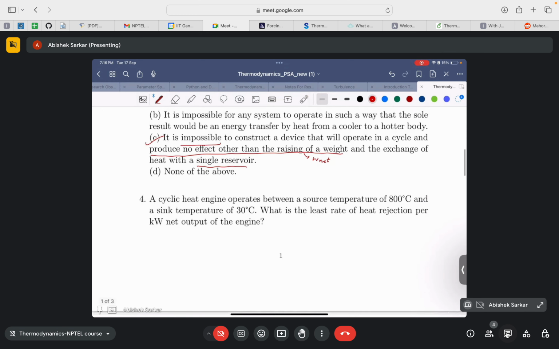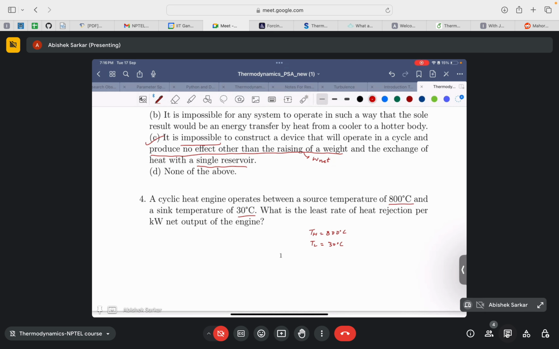So let us go to the next question. These are again numericals, so I hope you have calculators in hand. A cyclic heat engine operates between a source temperature of 800 degrees Celsius and a sink temperature of 30 degrees Celsius. So you are given TH as 800 degrees Celsius and TL as 30 degrees Celsius.